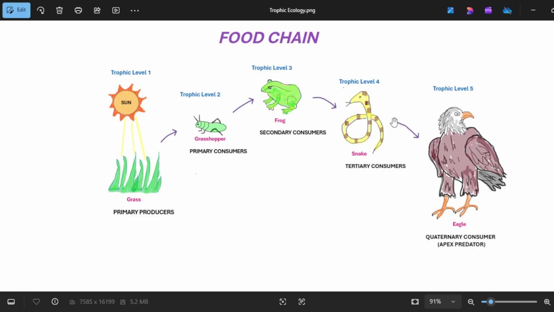Now if the snake is not there, the eagle will not have any food, so it will die out of hunger. Because frogs are not there, the grasshopper population will increase tremendously, and it will eat all the grass and the entire vegetation will be spoiled. So it creates a domino effect.